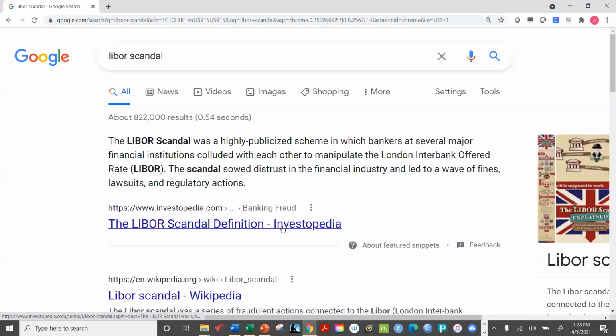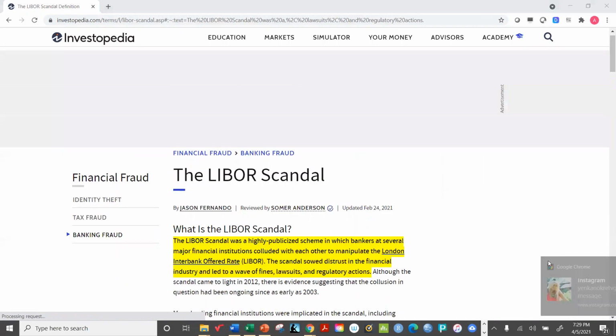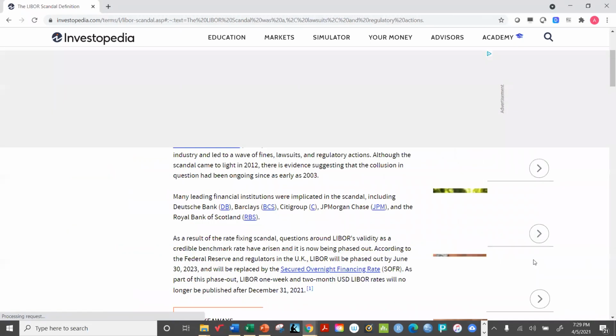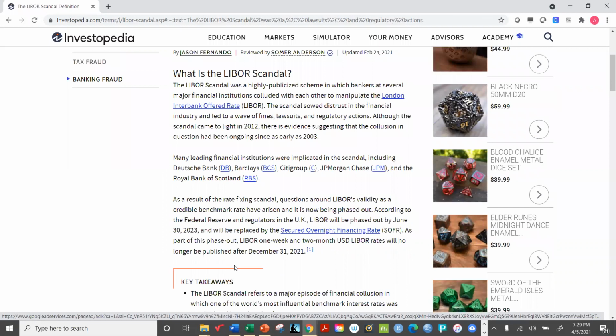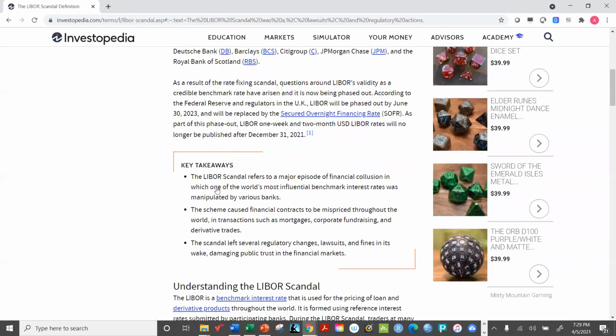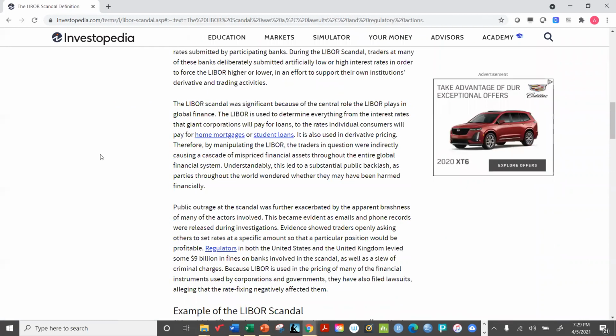Yeah, it's in Investopedia. It was a highly publicized scheme in which bankers at several major financial institutions colluded with each other to manipulate the LIBOR rate. In other words, they're trying to make profit at the expense of their customers, basically, or each other. And so LIBOR is disappearing very soon. In fact, it's supposed to be gone by either 2022 or 2023.